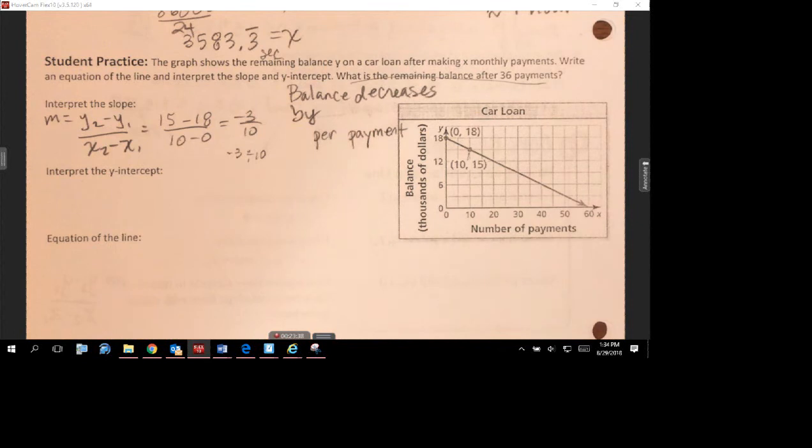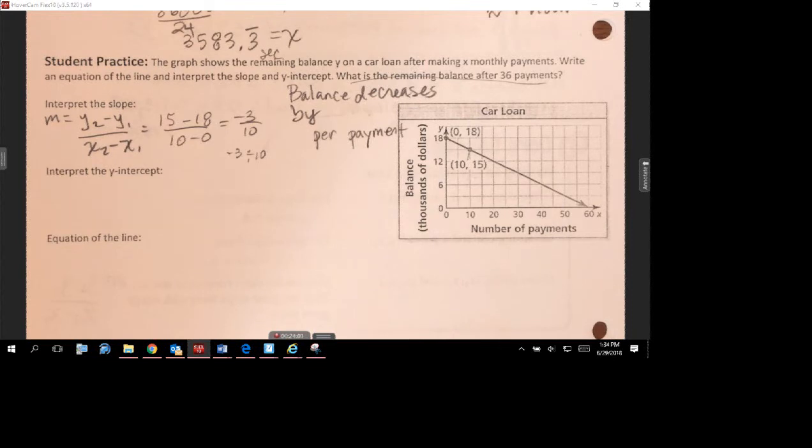Does it go down by $0.3 every month? Why, Andrew? It is because 0.3 is the portion of what you have to pay in total that goes down. It's not the amount, it's something like the quantity that you pay per payment.